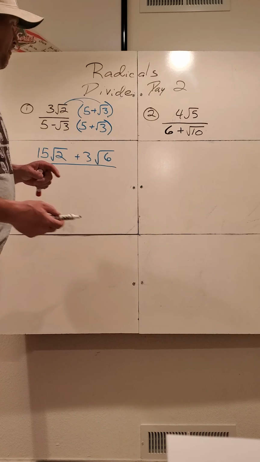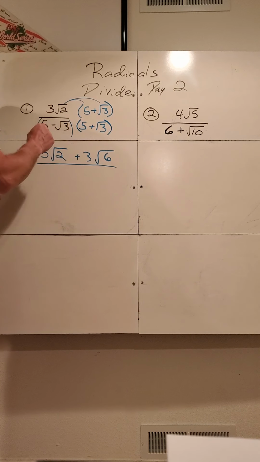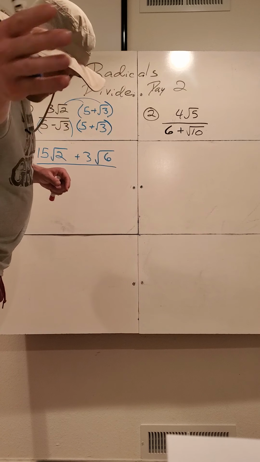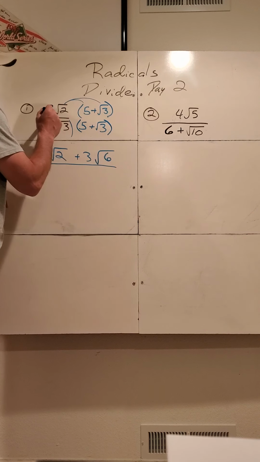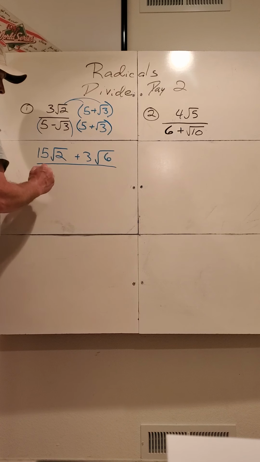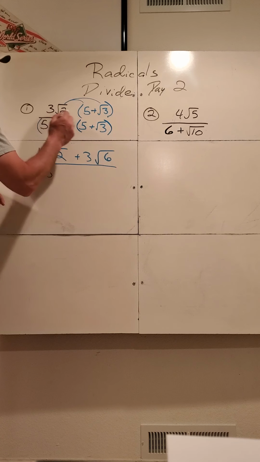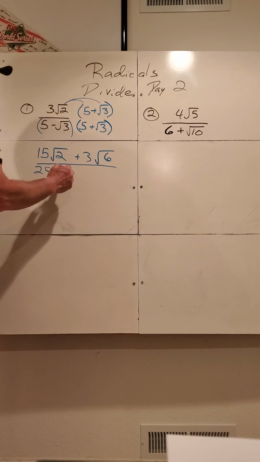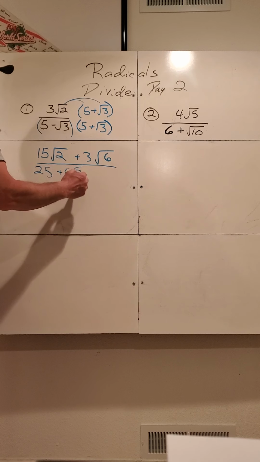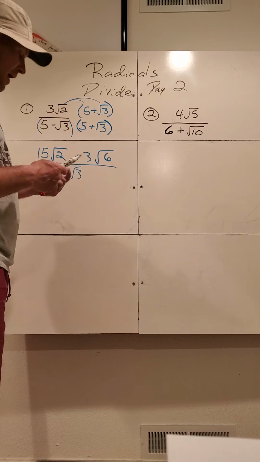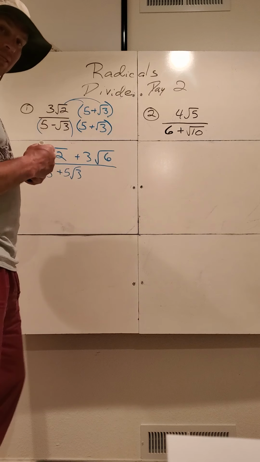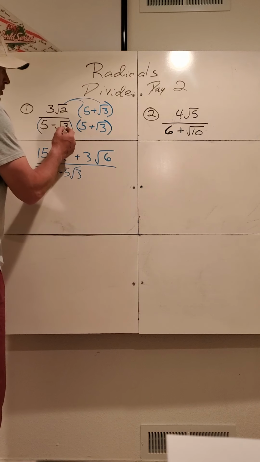On the bottom, I've got, let me hear you say it, double distribution. Here we go. 5 times 5. 5 times the square root of 3. Whole number, radical. They don't mix together. We just write it: 5 root 3. Then I go through the second part of the distribution.